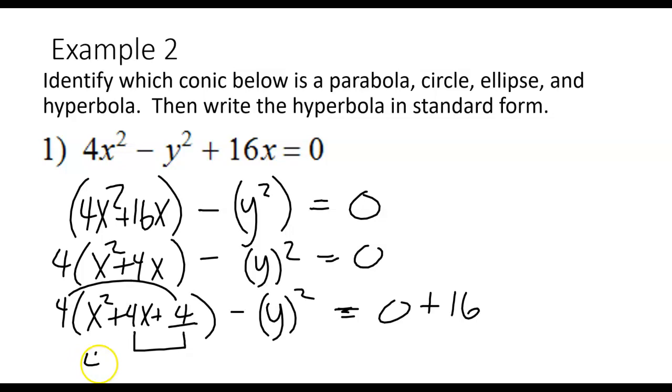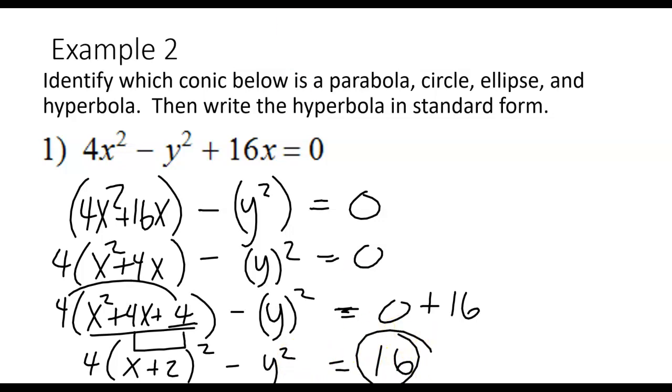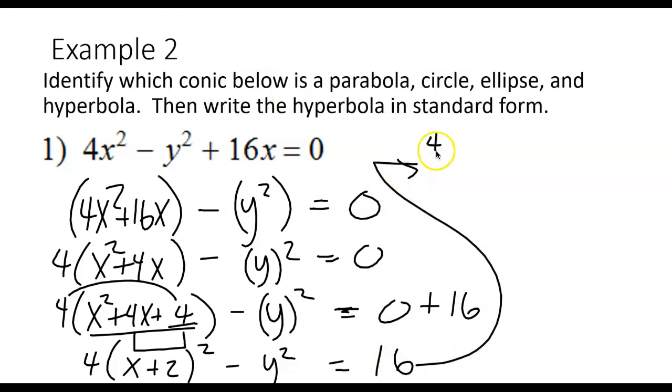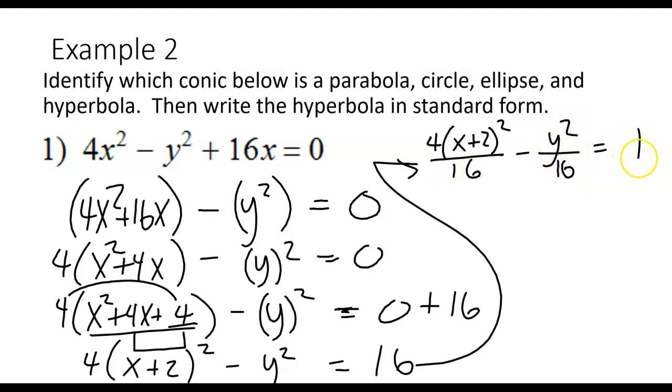Next, we're going to factor. If I factor this, I end up with x plus 2 squared. The last step I'm going to do is divide everything by the 16 so it's equal to 1. So if I do that, I have 4 times x plus 2 squared over 16 minus y squared over 16 equals 1.